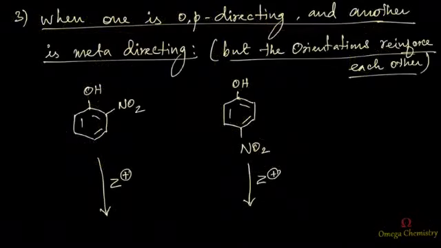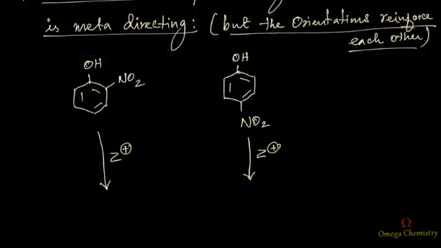So the third one, when one is ortho-para directing and another one is meta directing, but the orientations reinforce each other. Here I have OH group and NO2 group. Both orientations will reinforce each other. OH group will direct to the para position, and that para position is meta to the nitro group, which means this position is more favorable for the substitution, so my Z group will attach para to my OH group.